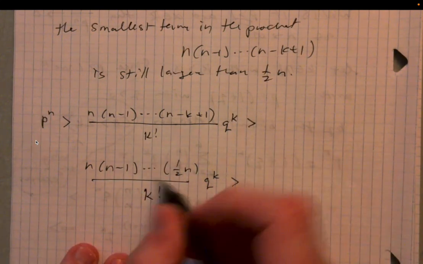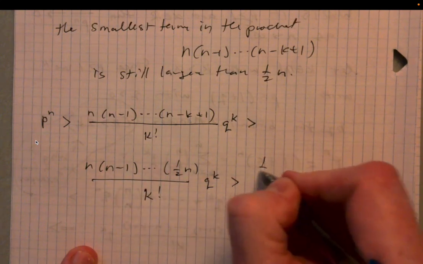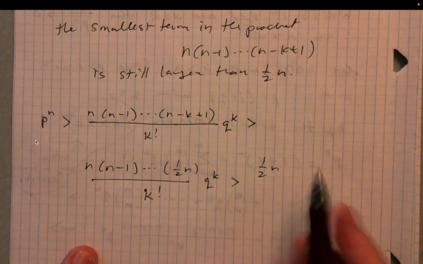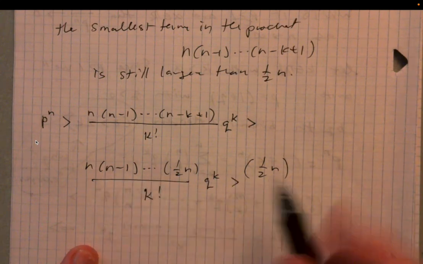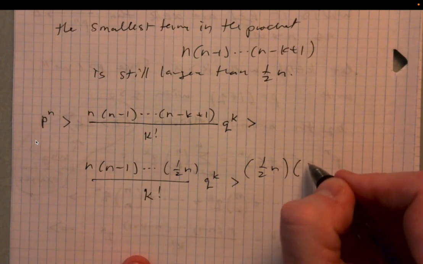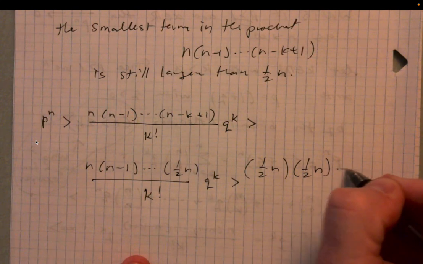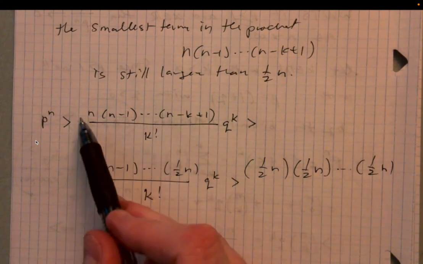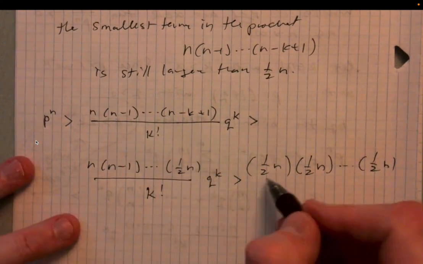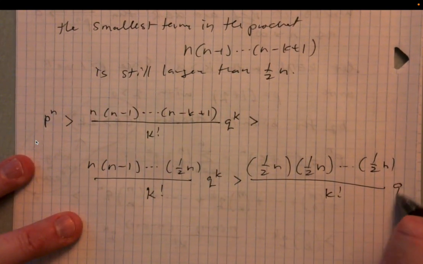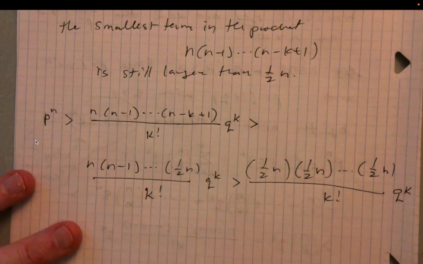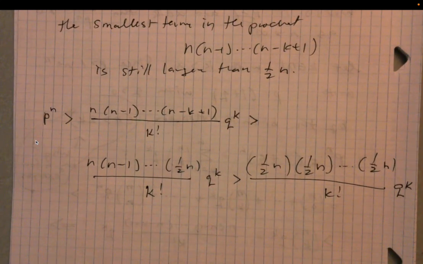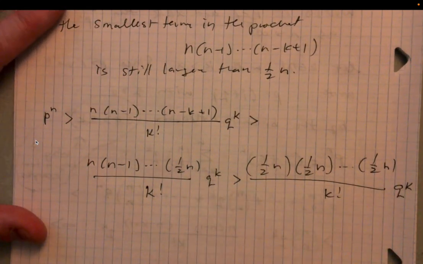So this here is larger than 1/2 n. Obviously, n is larger than 1/2 of an n. And n minus 1 turns out to be larger than 1/2 of an n as well, and so on, all the way down the line, because the terms in this product are all decreasing in size. So you get this. And the fact that these are all the same means we can clean them up a lot.